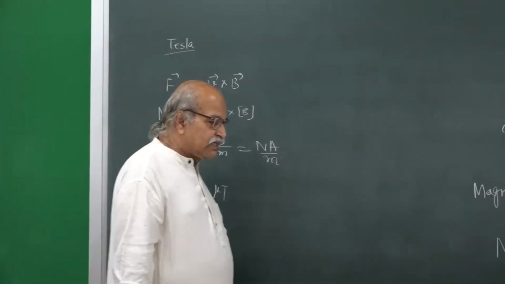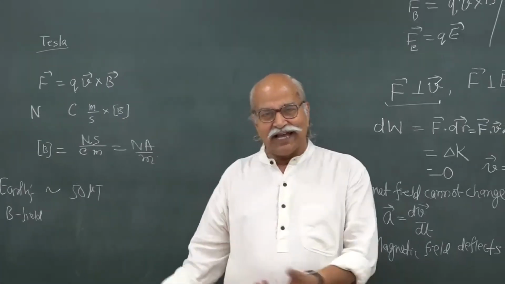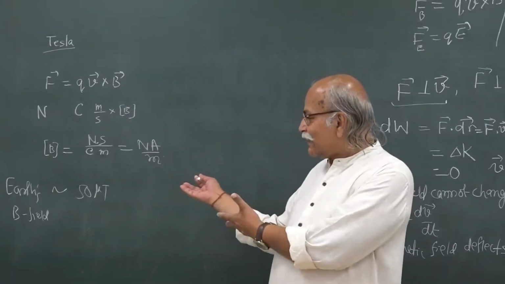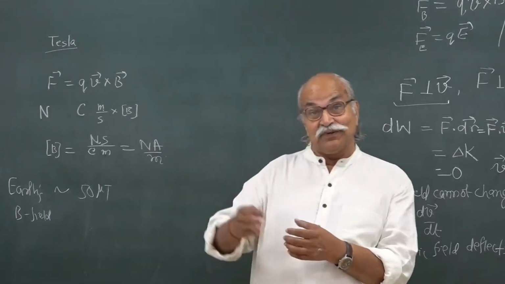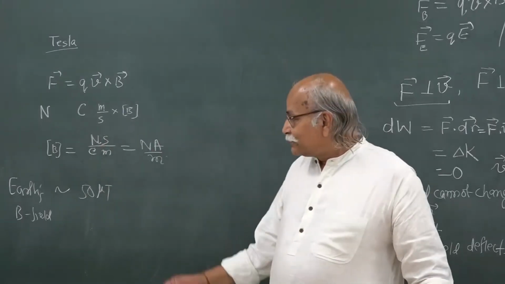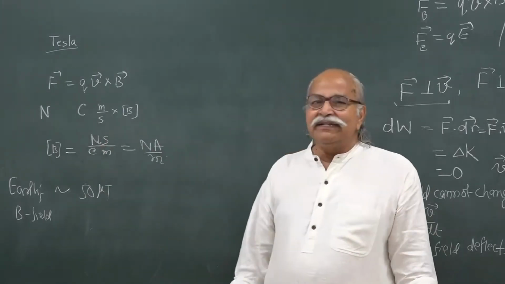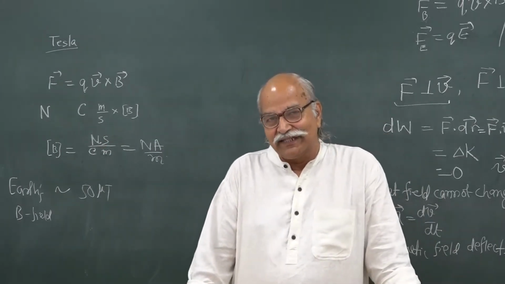The magnets which are generally used in school laboratories also have a similar kind of magnetic field in front of their poles. As you go away, of course, it falls very quickly. But then, this Tesla is not very large nowadays.